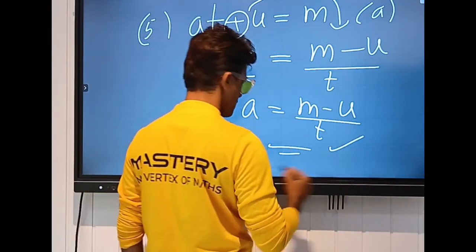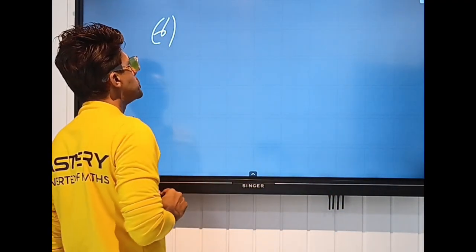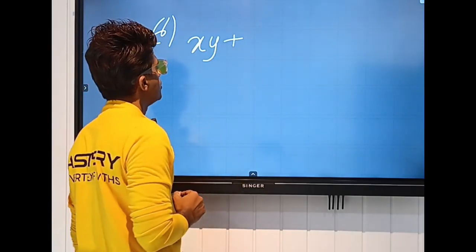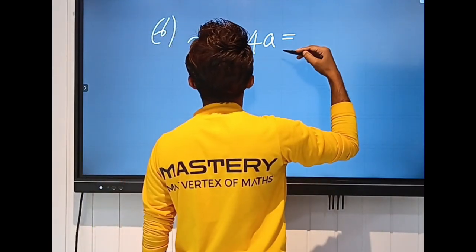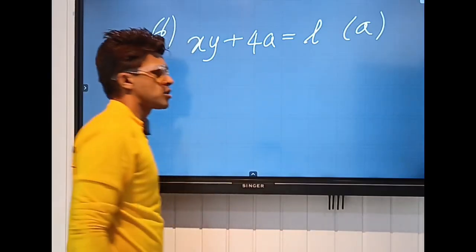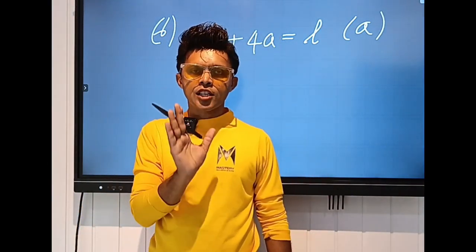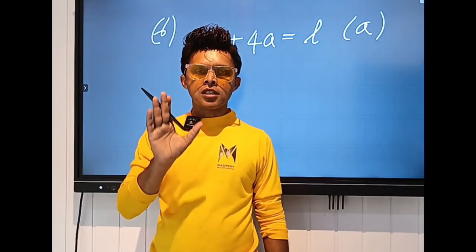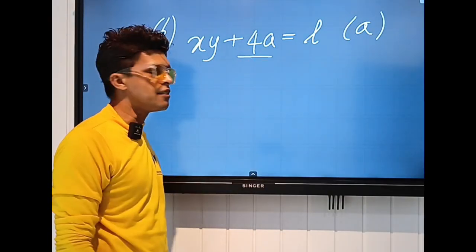So the next question, the sixth question, is xy plus 4a equals L. You should write the term a as the subject of this formula. To write the term a as the subject, the term including a, the 4a, should be kept on the left side.